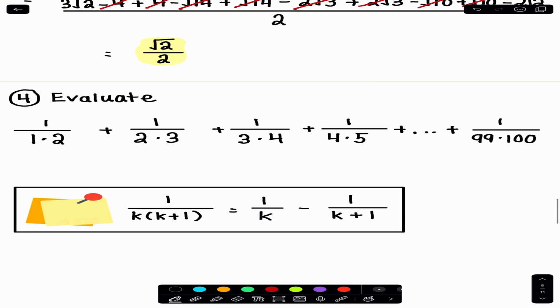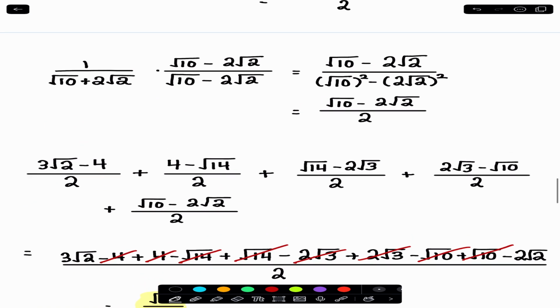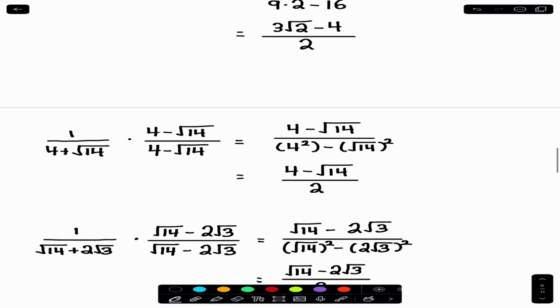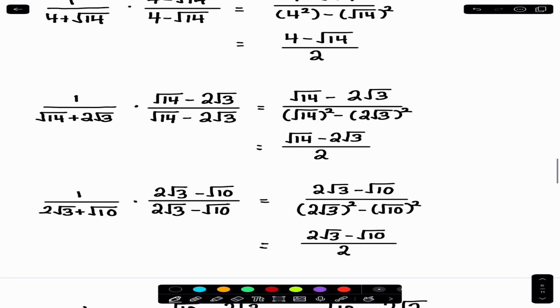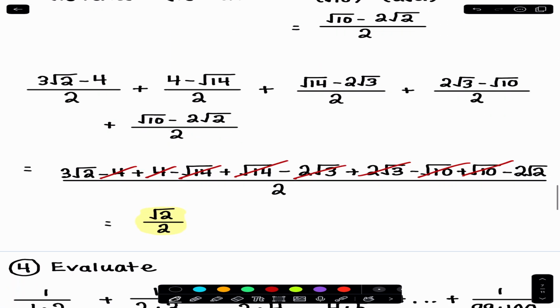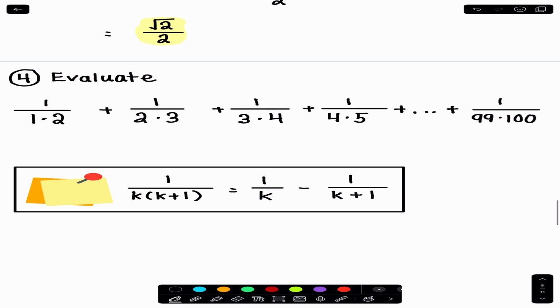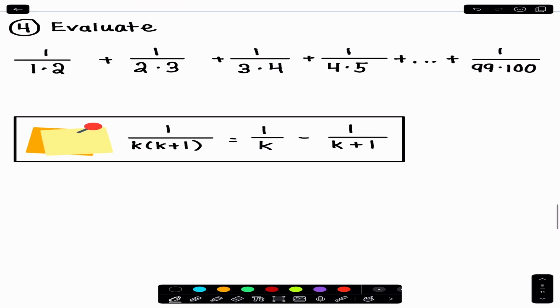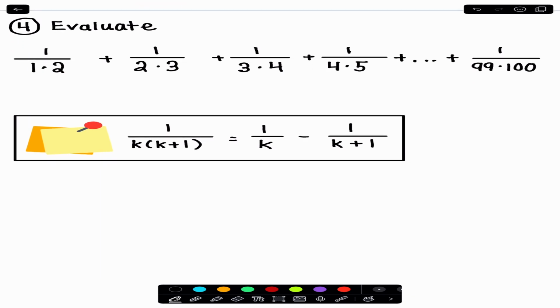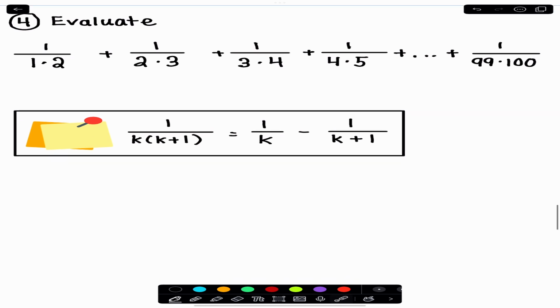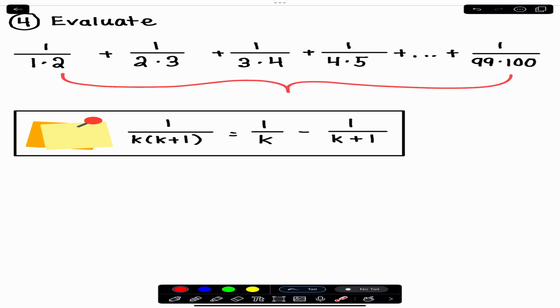That was pretty nice. So far we've seen one technique for each problem, one common setup for each problem. Now let's get into something a bit more interesting, something not as obvious. So this time we are told to evaluate this giant expression over here.